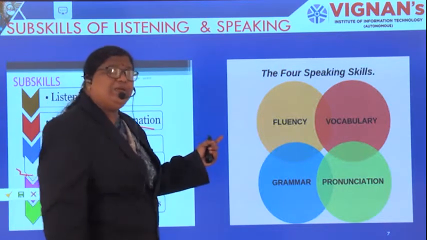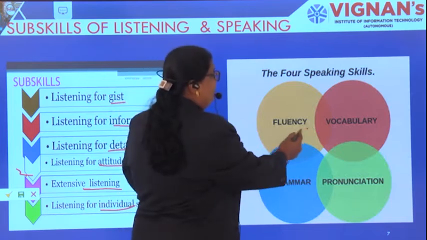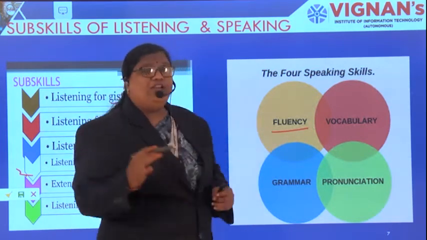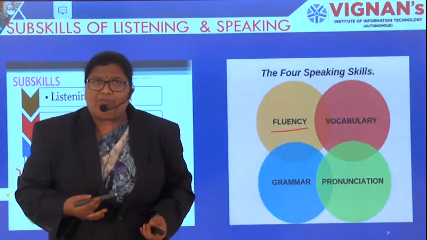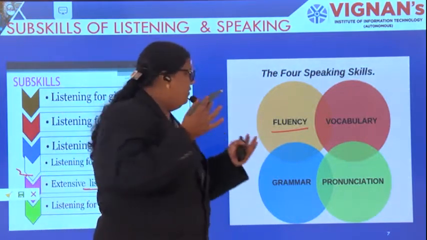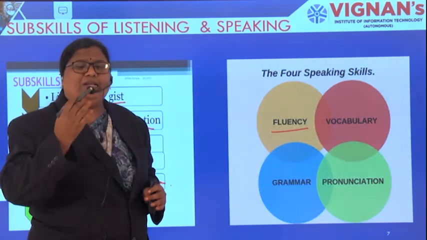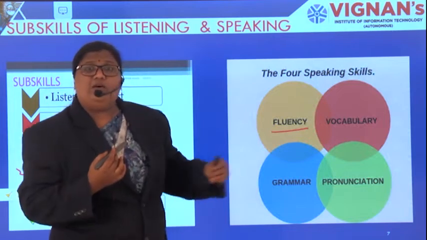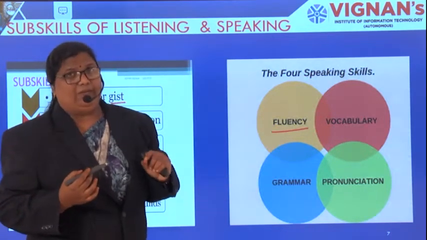For speaking, basically you have four sub skills. The first one is fluency. When you are speaking fluently, using apt vocabulary and whatever is required at that juncture, fluency plays a vital role, and fluency is very, very important when you are speaking.